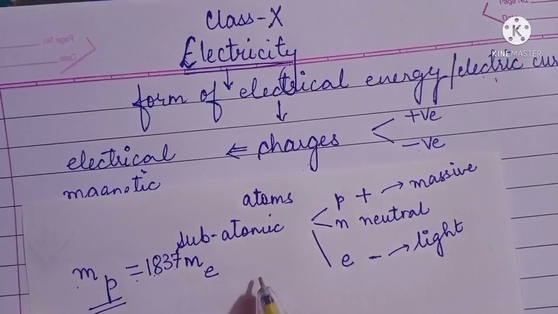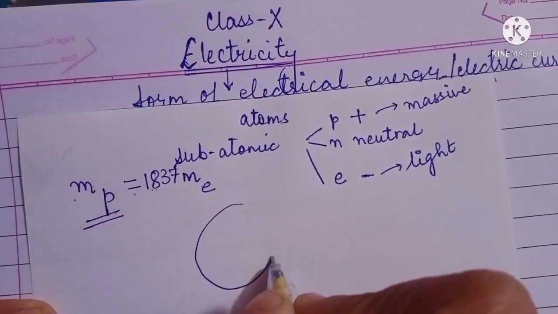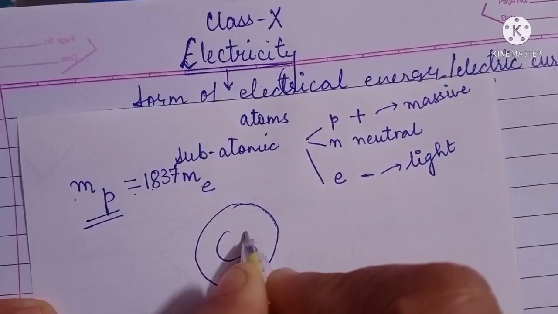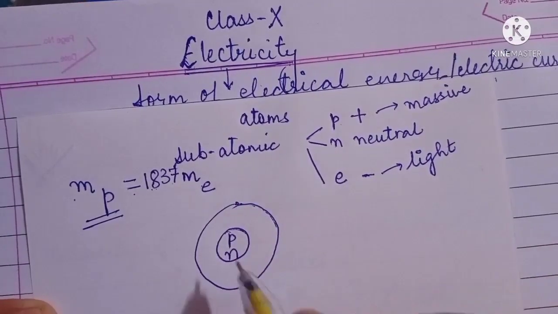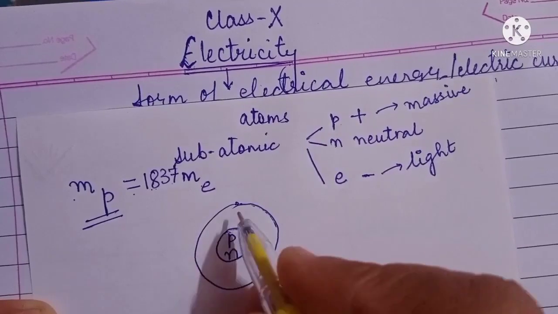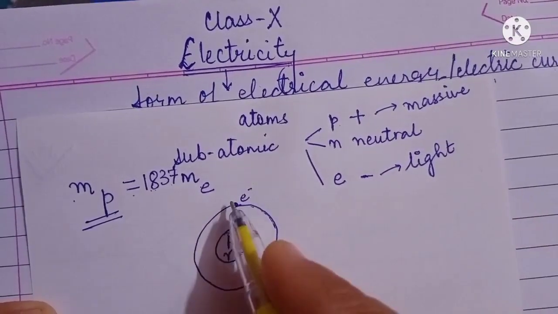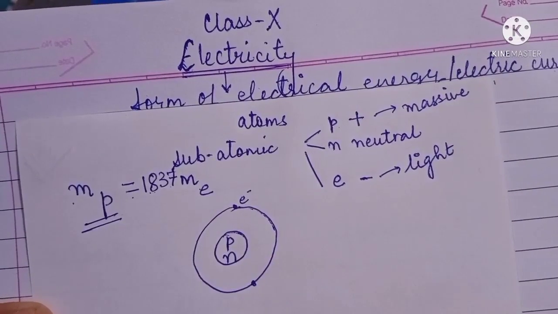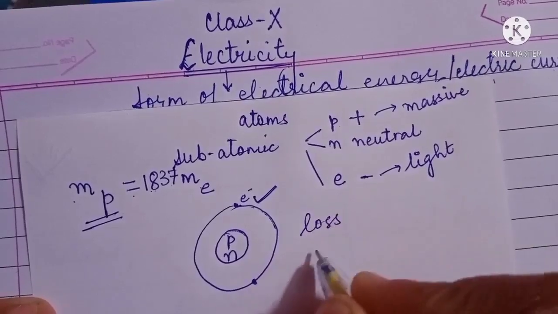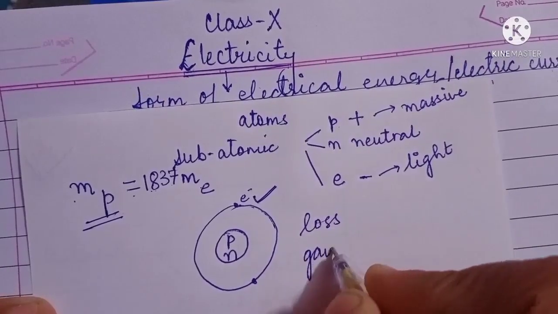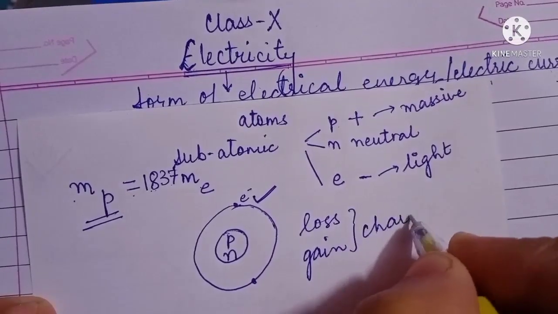Or otherwise also, we know when we talk about the structure of the atom, inside the nucleus protons and neutrons are present and electrons are around the nucleus revolving in shells. So these electrons can be easily removed and they can participate in the reactions. Clear? So that's why loss or gain of electrons leads to charges.